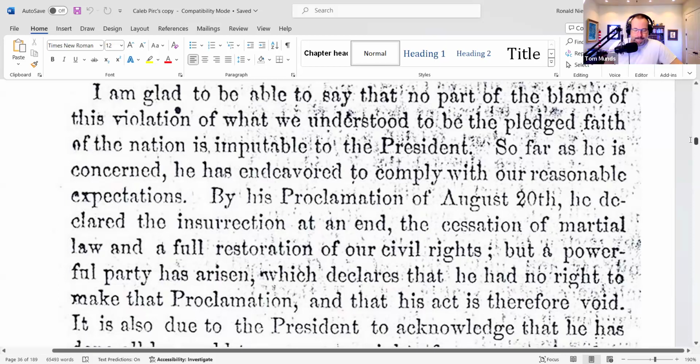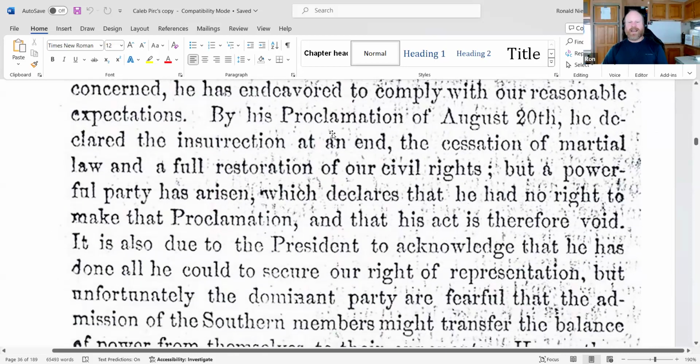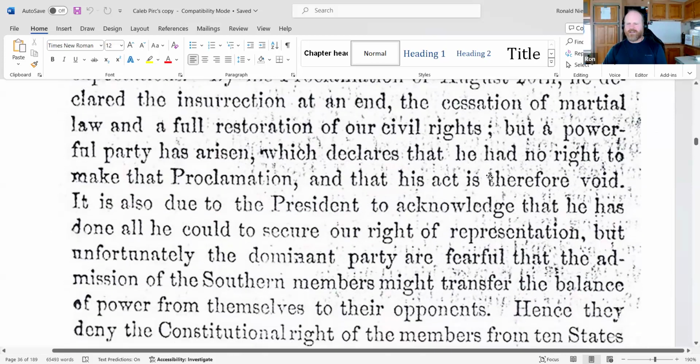Yep. Okay. So far as the president is concerned, he has endeavored to comply with our reasonable expectations. By his proclamation of August 20th, he declared the insurrection at an end, the cessation of martial law, and a full restoration of our civil rights.